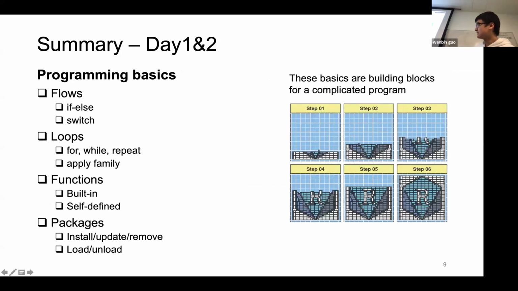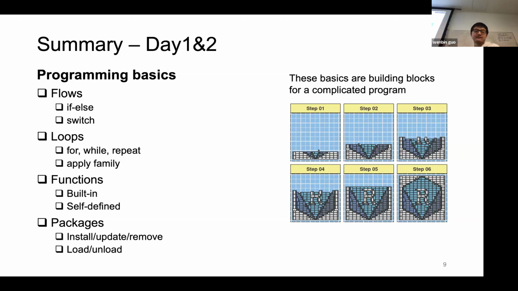We also learned the programming basics. I would like to say these are the building blocks if you want to write a very complicated program to finish a specific functionality. You are going to need the if-else flow, the loops, for loop, while loop, and also repeat. Besides these loops, we also learned the apply family.